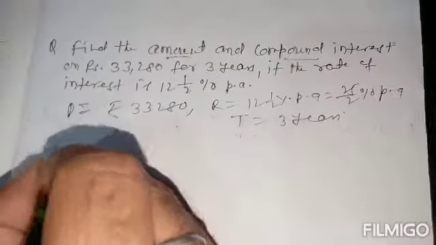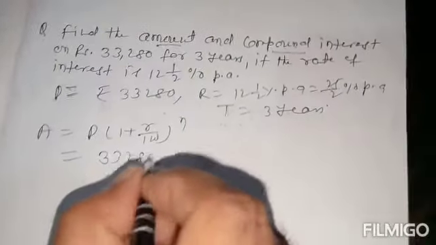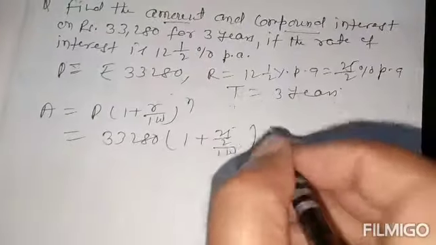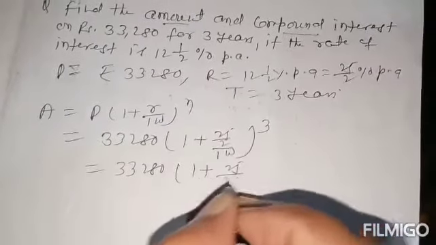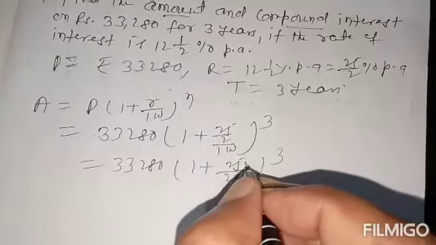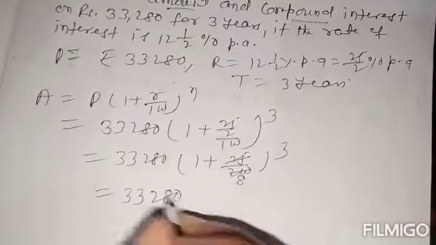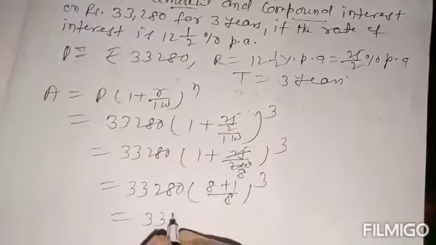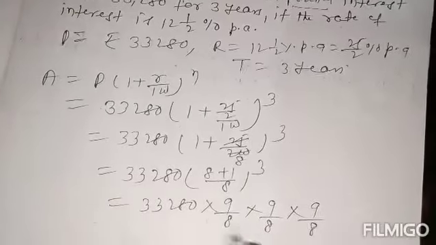So first we will find amount, A is equal to P (1 plus R by 100) to the power time. Principal is here 33,280, 1 plus 25 by 2 by 100, to the power 3, which is 33,280 into (1 plus 25 by 200) cubed, which is 33,280 into (1 plus 1 by 8) cubed, that is 33,280 into 9 by 8 into 9 by 8 into 9 by 8.